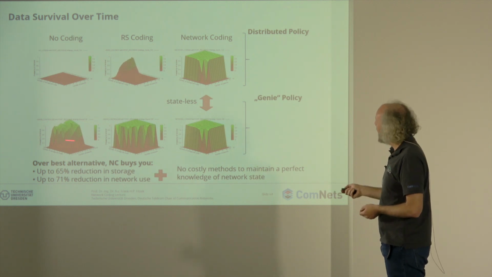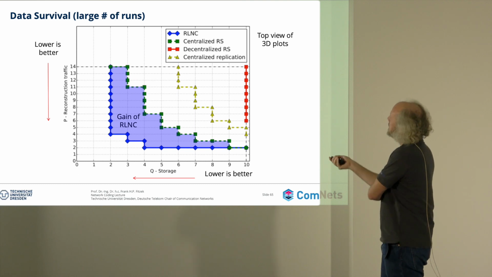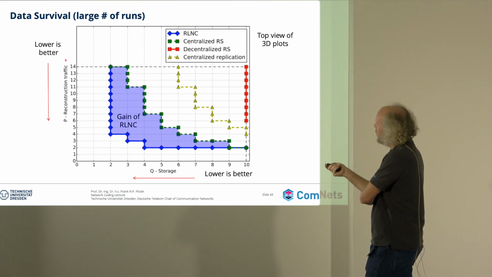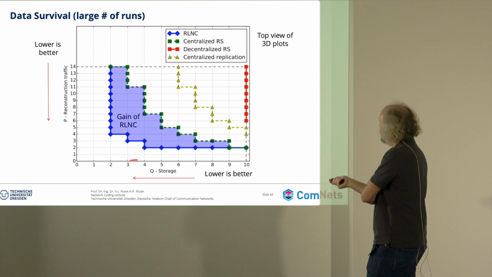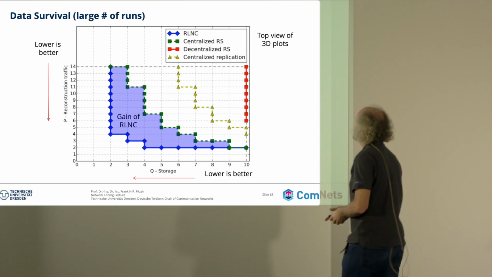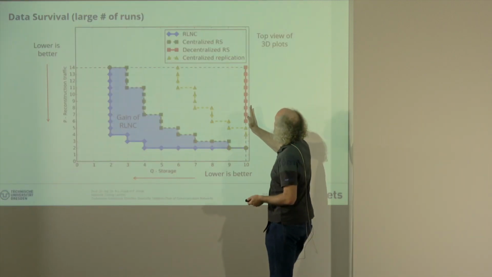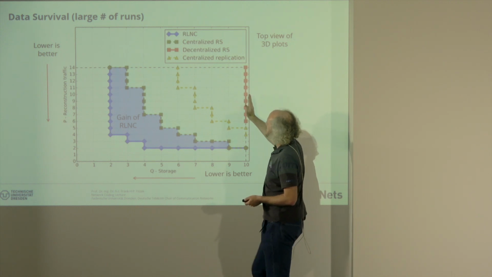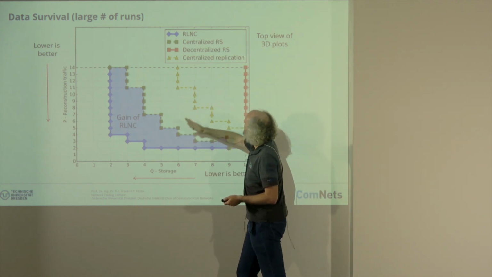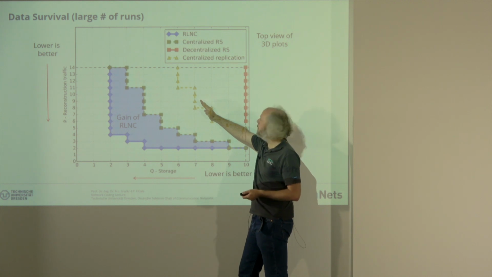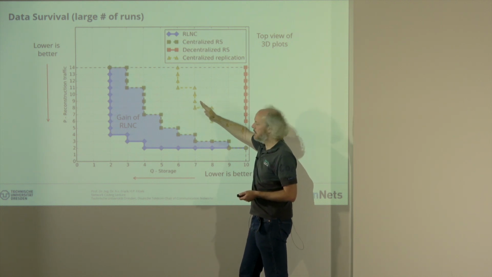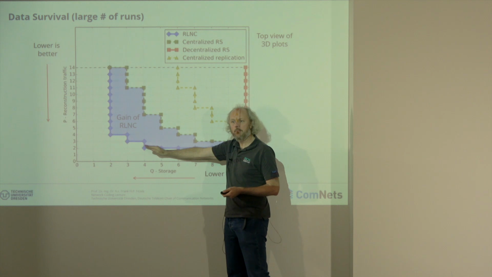So to show you the gain, what you can see here is the reconstructed traffic over the storage. And then you see decentralized Reed-Solomon, centralized Reed-Solomon. Centralized, so controllable replication. And this is RLNC.